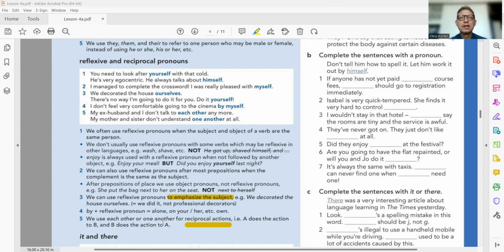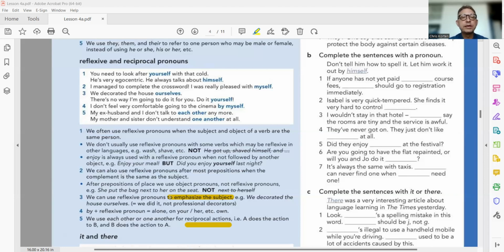So for example, we help each other with our math homework. We help each other with our homework. So I help them, they help me. We help each other. We help one another. You can also say one another. These are used interchangeably.